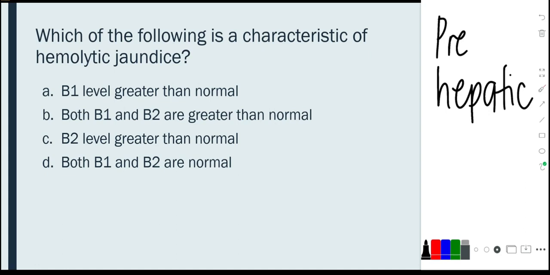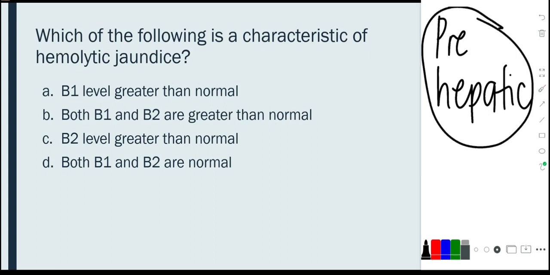So, for each type of jaundice, prehepatic, hepatic, or posthepatic, there is a particular type of bilirubin that increases. And in cases of prehepatic jaundice, between B1 and B2, it is your B1 that becomes higher than normal. So, for this question, the characteristic of hemolytic jaundice would be letter A. B1 levels would be greater than normal.